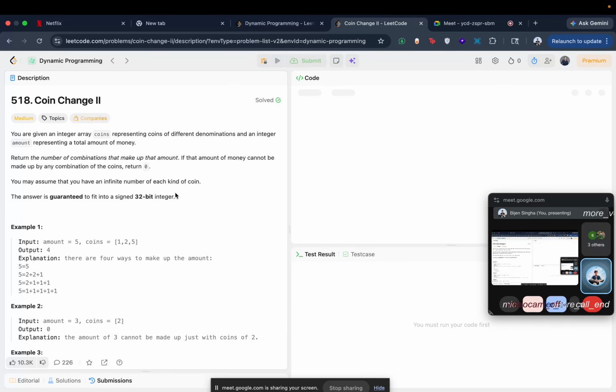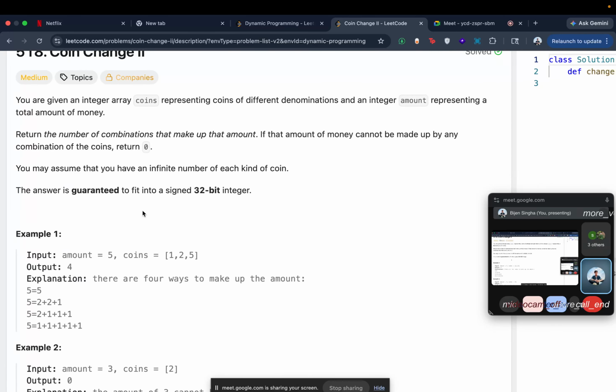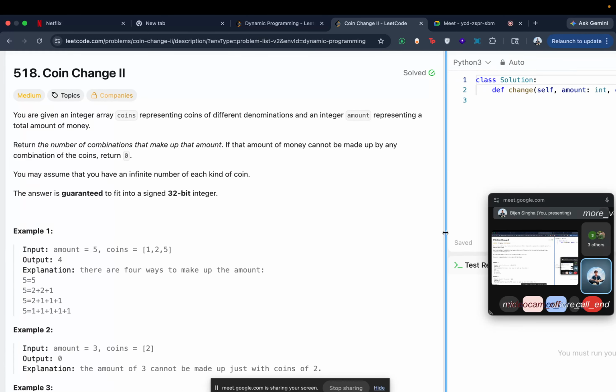How many questions did you reach, Sneha and Nanashri? How many questions you reached? Sneha, how many questions you reached?